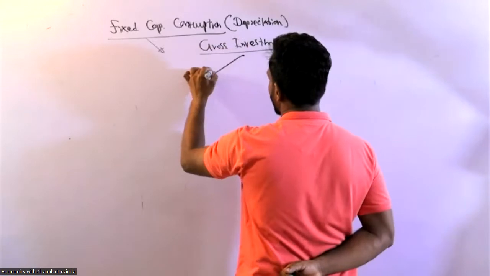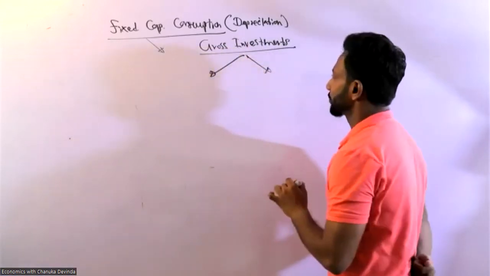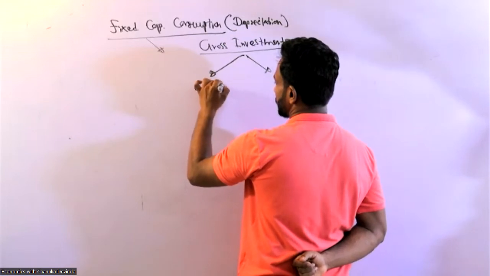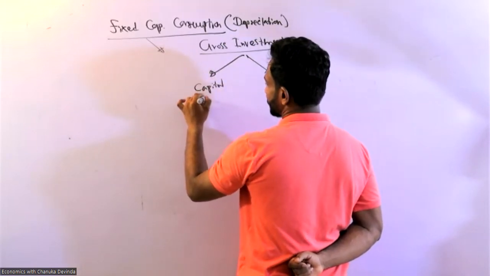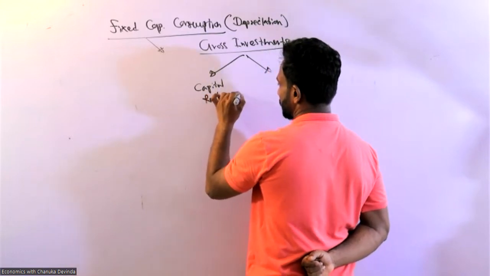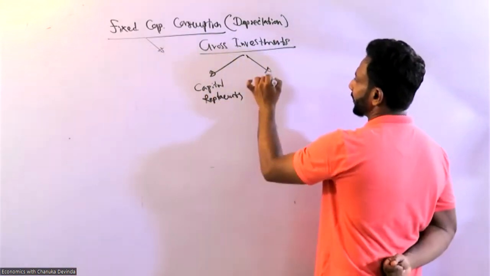So there are two items. First one, capital replacement. And second one, net investment.